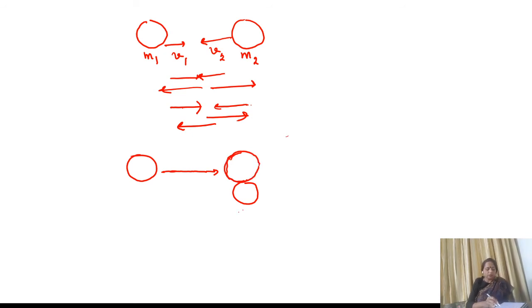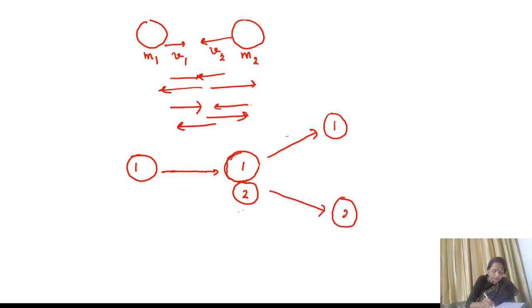This second body may be in movement or at rest, and after collision this goes in this direction and this goes in this direction. So you see, here is a movement in x direction as well as in y direction. Here is a movement in x direction as well as in y direction.